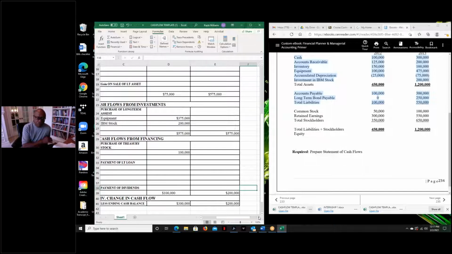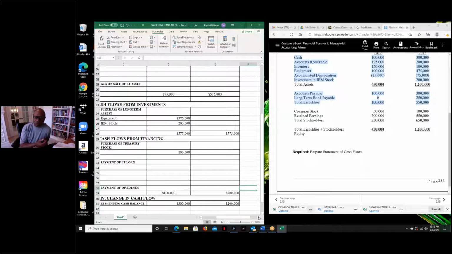So the fourth part, is it literally just cash? That's the change in cash for that period. Well, you'd have cash equivalents, but we're just using cash. You can only pay your bills with cash, and that's what we're trying to find out.